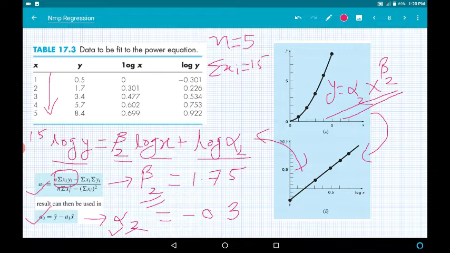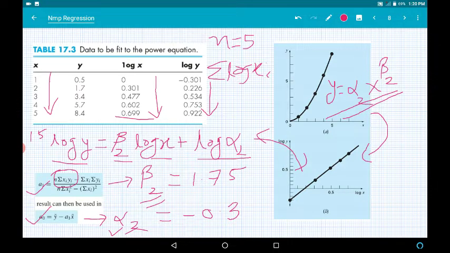But remember, while I do this, this summation of xi equal to 15 will not be used, because now I am working on this equation. So I'll have to use the log x. So I'll have to do this summation of log x, right? So this summation of log x will be basically your summation of xi. Okay, so summation of log of xi you will have to use in this equation.